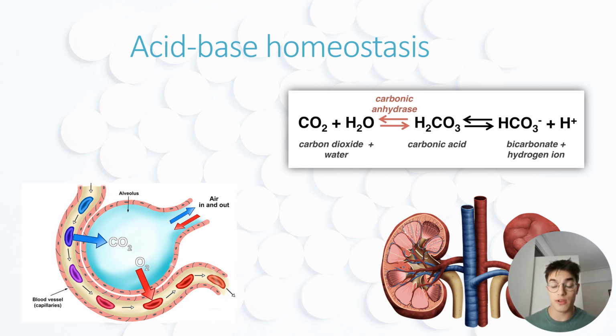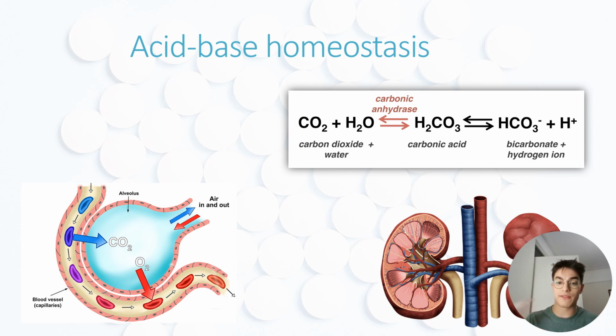The role of the lungs in the acid-base balance is that here we've got an image of the alveolus, that unit of gas exchange in the lungs, and we've got a little capillary wrapped around the alveolus, and we're seeing gas exchange. So we know that there's ventilation going on, the chest is expanding, the diaphragm is contracting and flattening, and we're getting air moving in and out of the lungs.